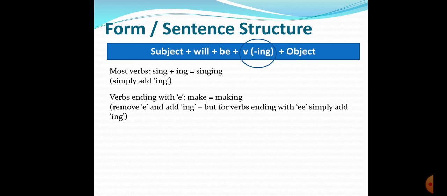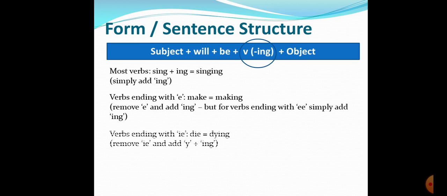We remove e and add ing. So make becomes making. And I also told you that if the verb is ending with double e, you do not remove e. You keep both the e's and then simply add ing. Like agree becomes agreeing, see becomes seeing.